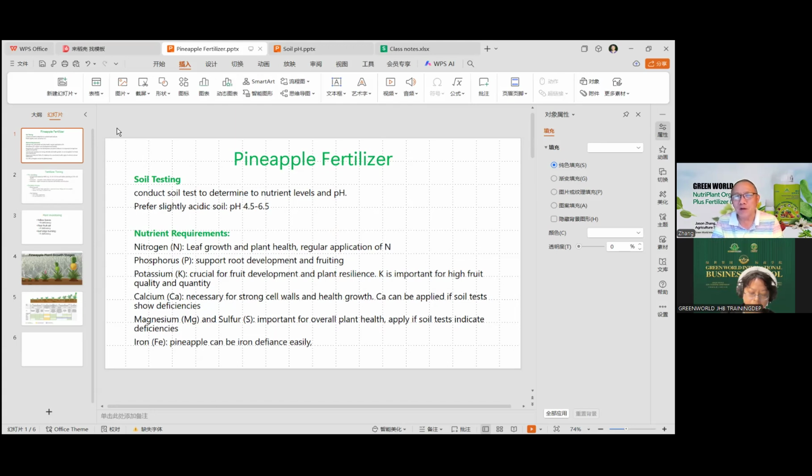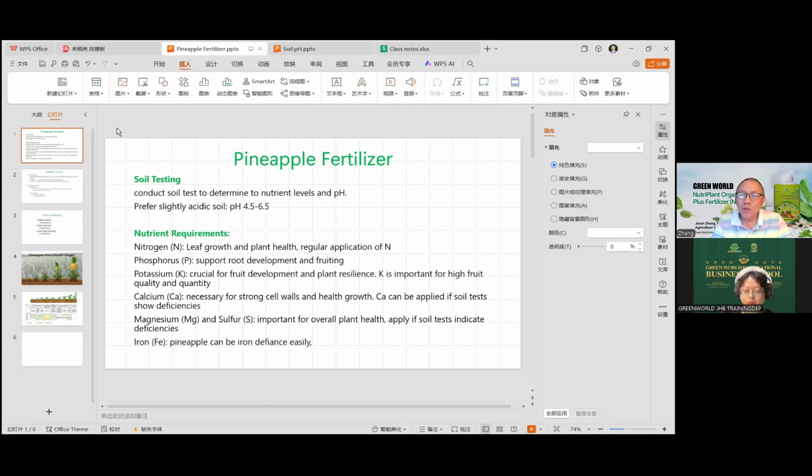For blueberry, even lower, around 4.5 to 5.5, like one level lower. So blueberry is more critical. If your soil pH is too close to neutral, too close to 7, then you have to change your soil. You adjust, modify your soil, make the pH a little bit lower.